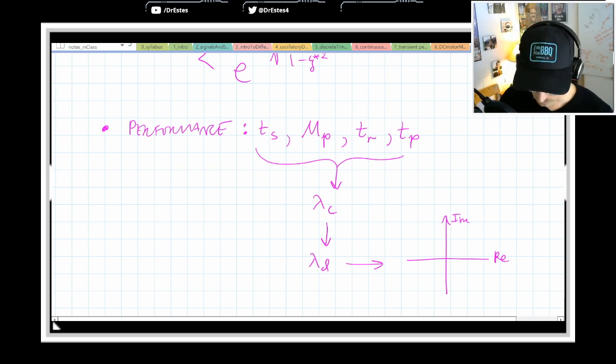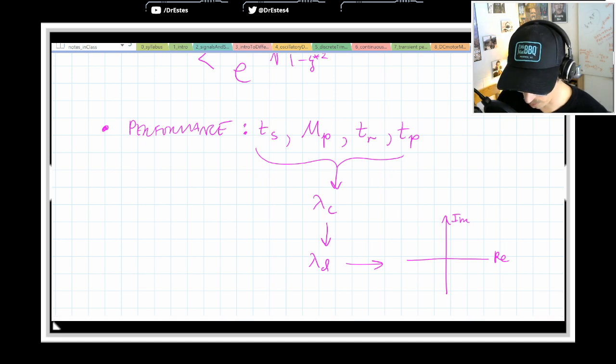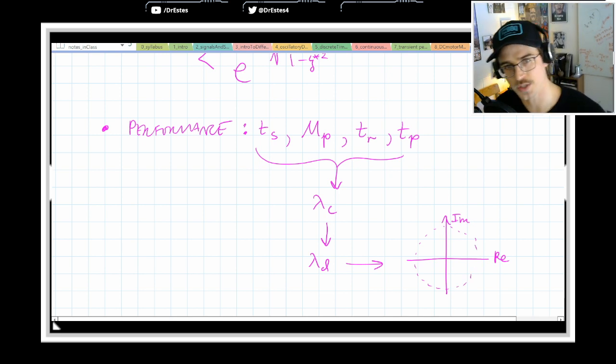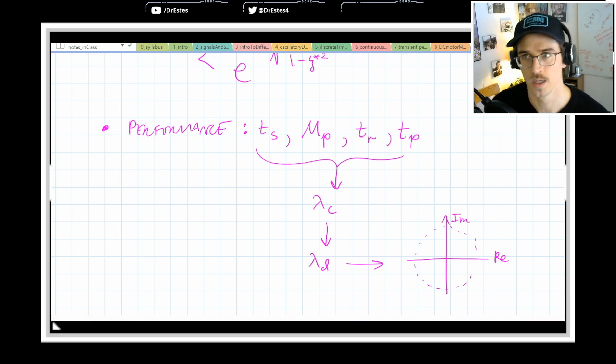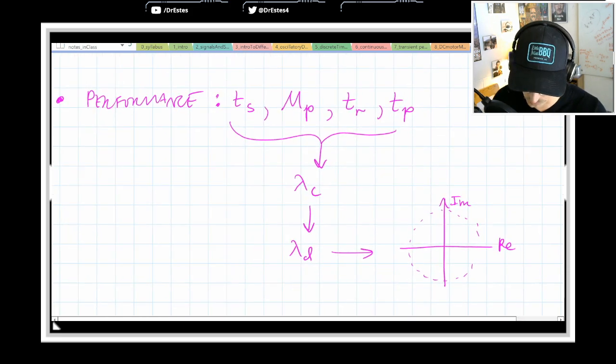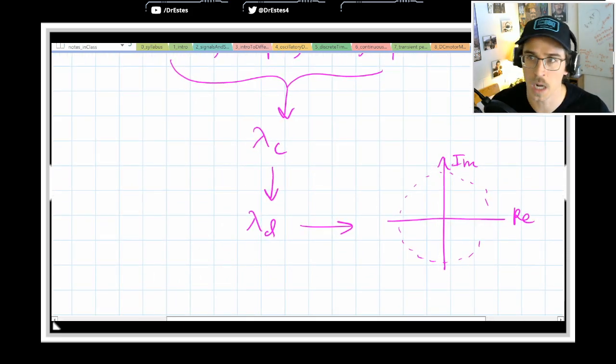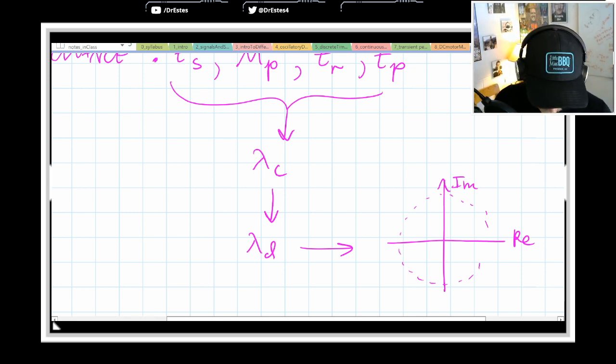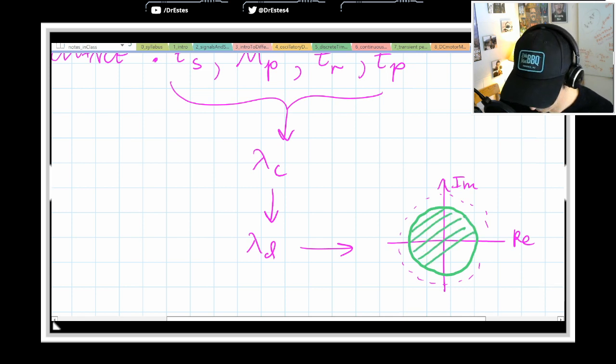What we're doing is making a code that draws in this complex plane the locations where your roots can be. And we're going to see it makes some interesting shapes. The first one we did yesterday was settling time. If you want your settling time to be less than 2 seconds, that corresponds to some discrete time roots that have to be within a circle in the complex plane.